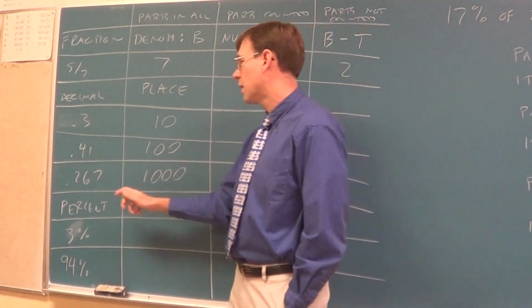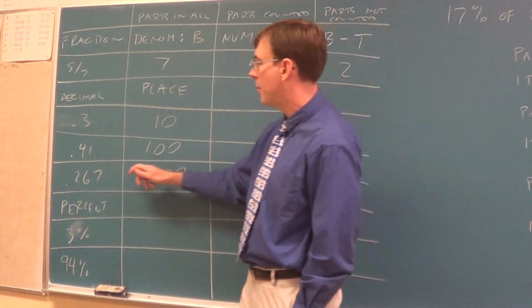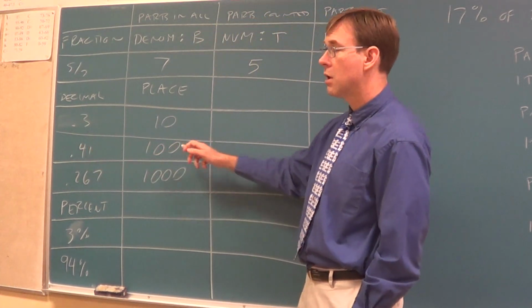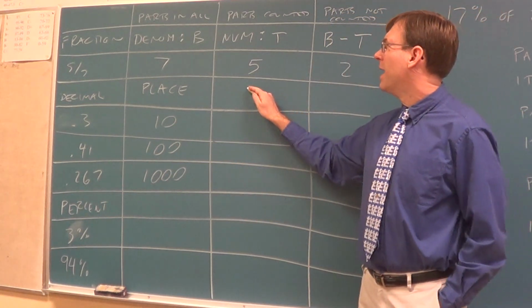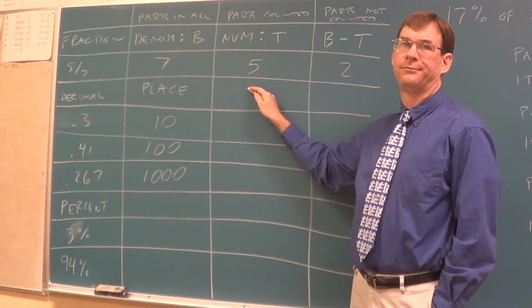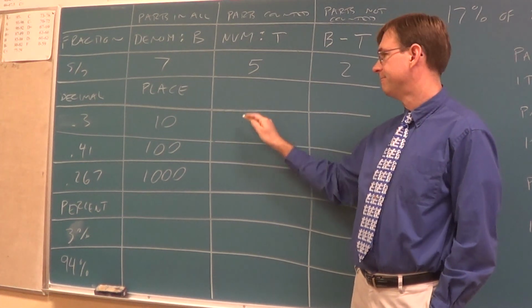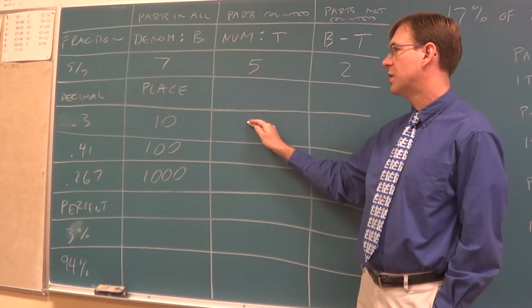Remember too, we had a trick we've done other days. If there's 3 digits, go for 3 zeros in your place number. 2 digits, 2 zeros, etc. How can you figure out how many of those parts are counted for a decimal? There's 10 parts in all.